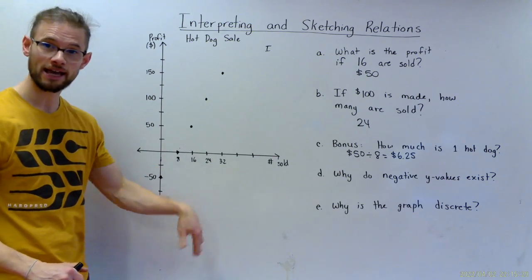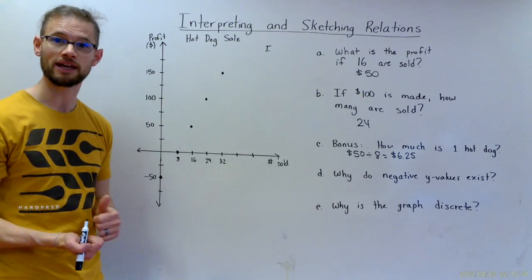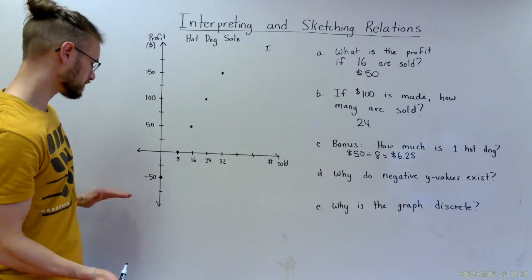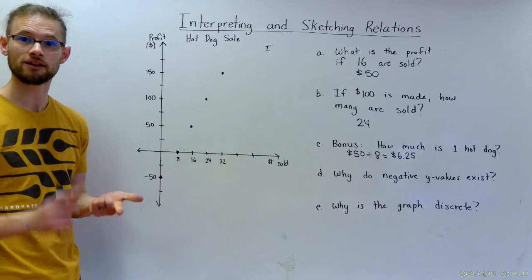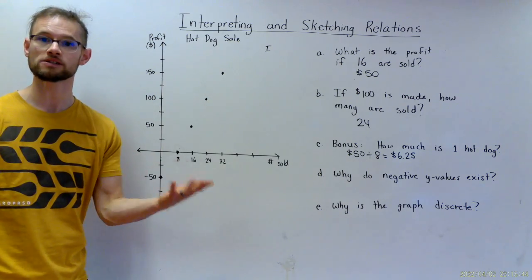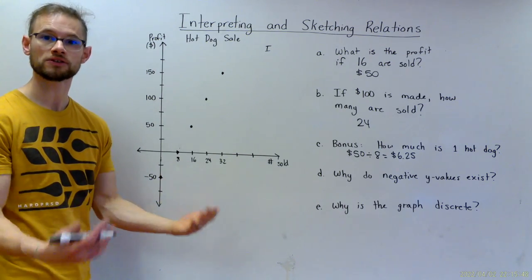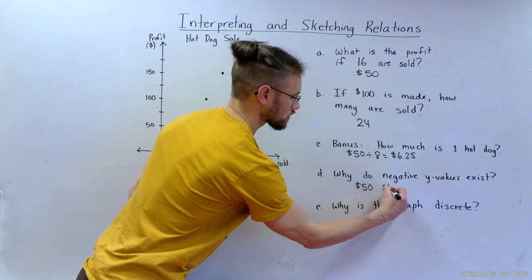But that doesn't mean we can't go into quadrant 4 or quadrant 2 sometimes if we have negative values. Well, why are there negative y values here? Because there are startup costs. If I'm running a hot dog sale, I need to buy the hot dogs, the ketchup, the buns, whatever, and so therefore in this case, it costs $50 to get us started, so there is a $50 startup cost.